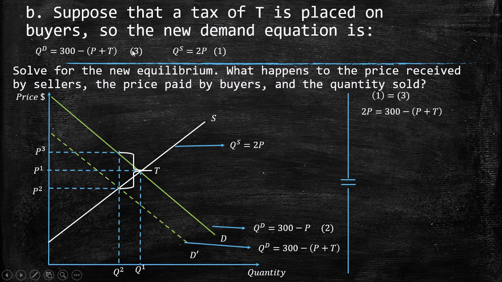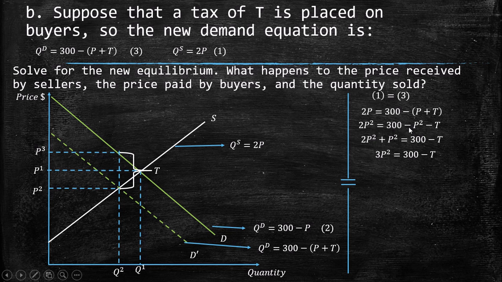So here we have the equations again, 1 equals 3. This one is just P; it is not P squared. This is just the notation P2, the P2 that I'm going to find.